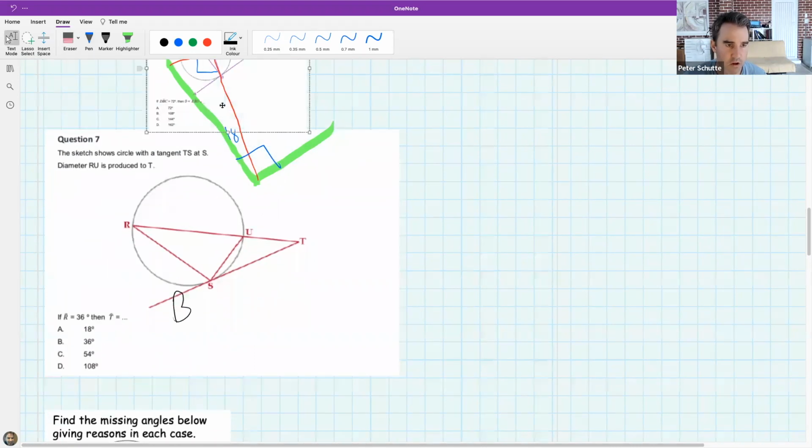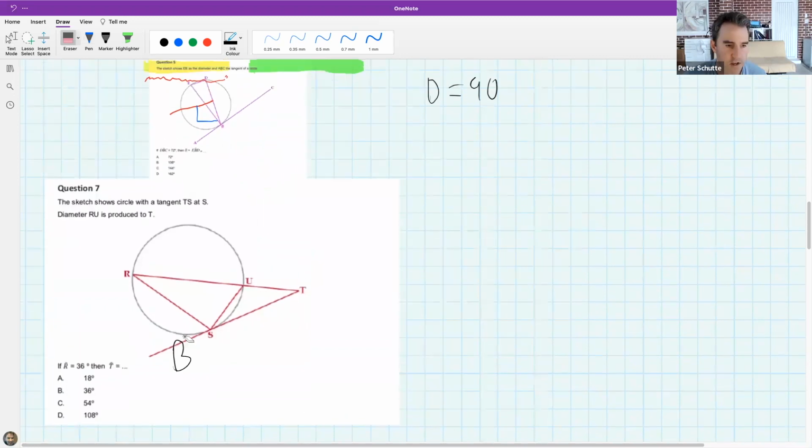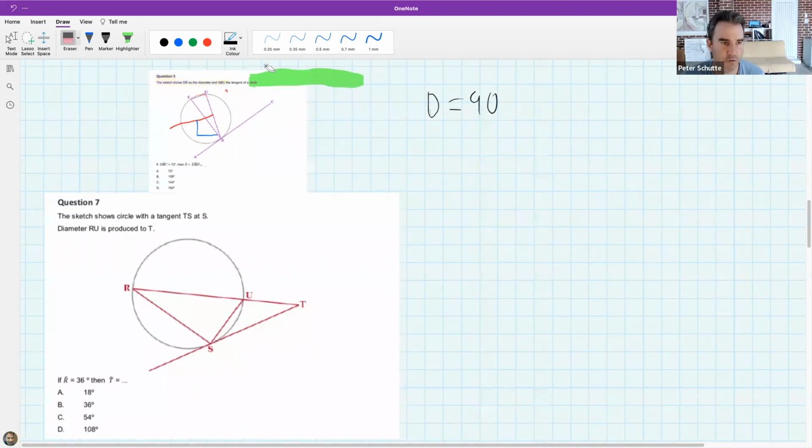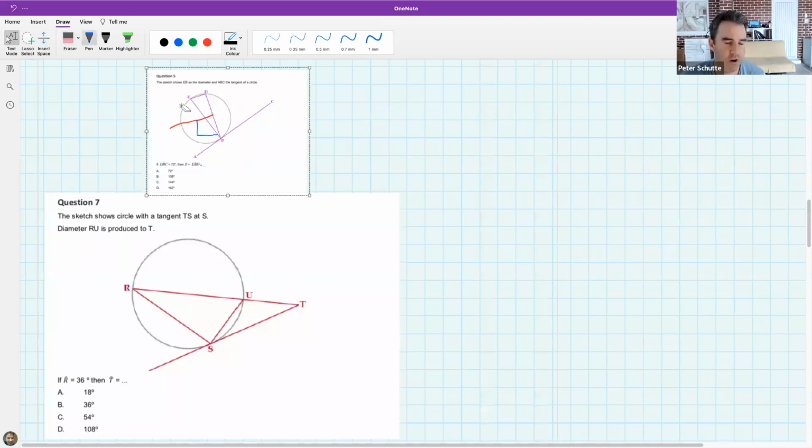Oh, goodness. I'm trying to do too much here. Okay, I want everyone to try and do question 7 that is currently on the board. You have to vote for your answer. And then I will try and see if I can have a go at this other one over here.